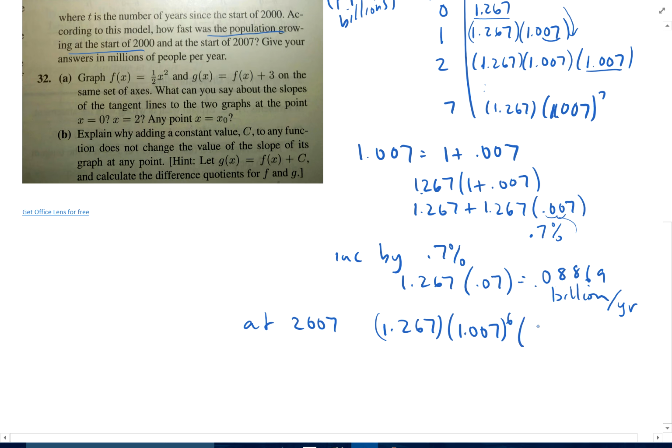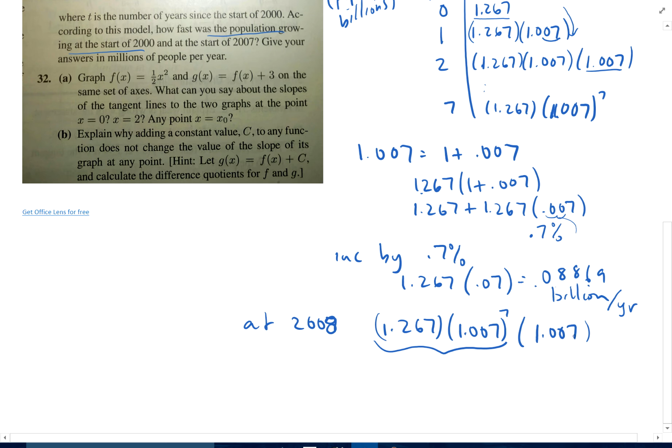Now look at after 7 years, or at 2007. I've got 1.267 times 1.007 to the sixth times 1.007. This is the amount of people I have at the start of 2007. At the beginning of 2008, I would multiply by 1.007.